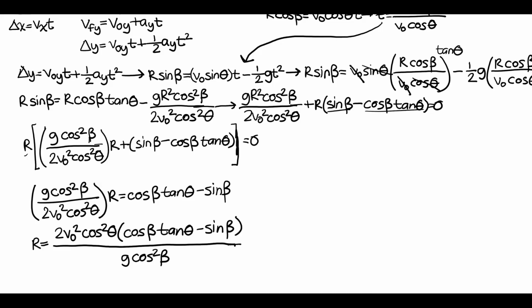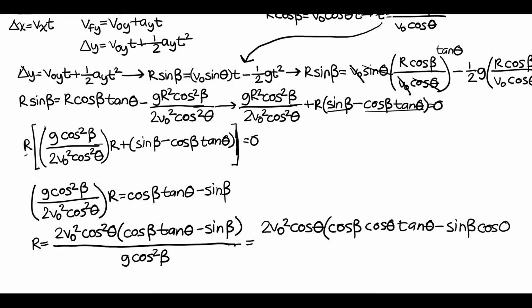Let's distribute one cosine theta out of the cosine squared theta to the quantity in the parentheses: cosine theta times cosine beta tangent theta minus sine beta cosine theta, over g cosine squared of beta.